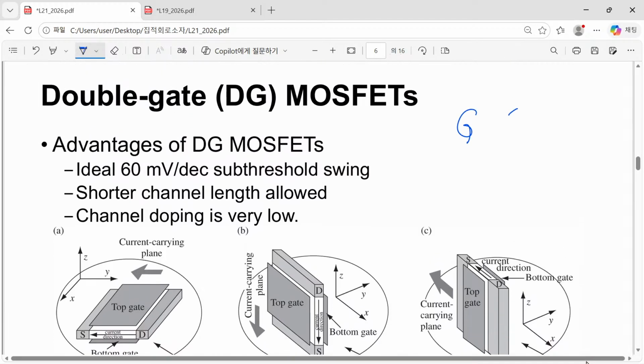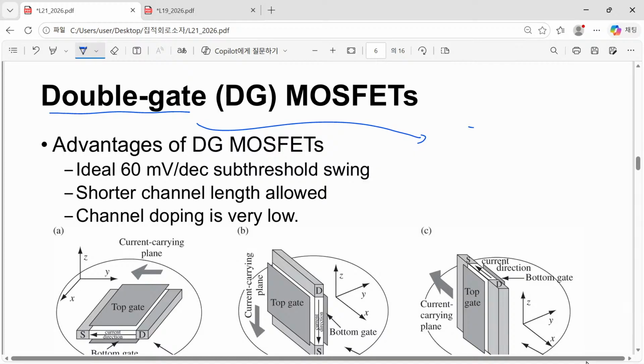Yes, we have gate 1 and gate 2, and maybe we can independently control these two gates to get maximum ability to extend or improve its performance. But nowadays there is almost no independent gate control of this double gate. So although physically there are two gates, they are biased at the single gate voltage.